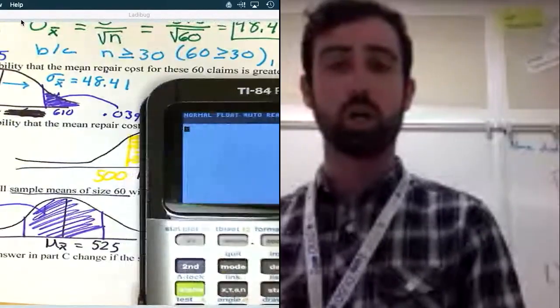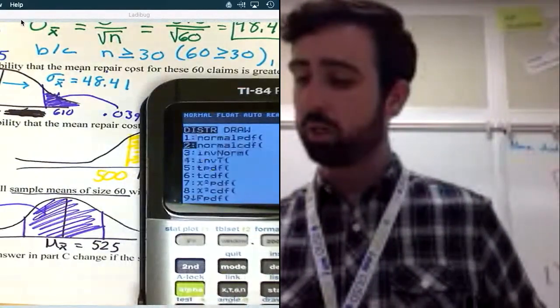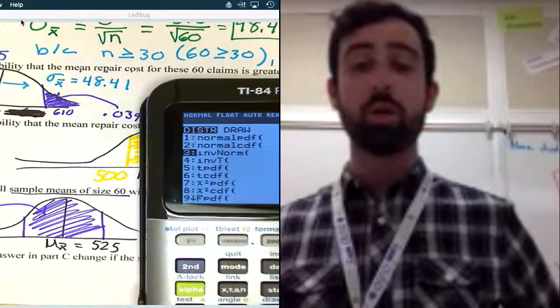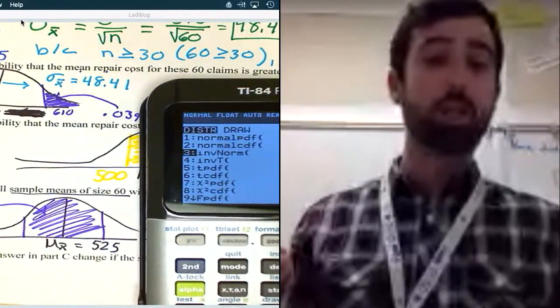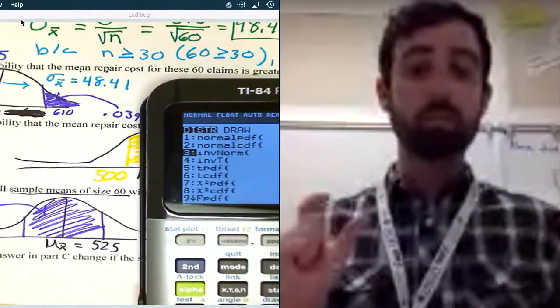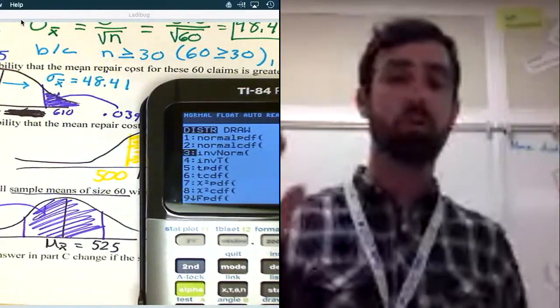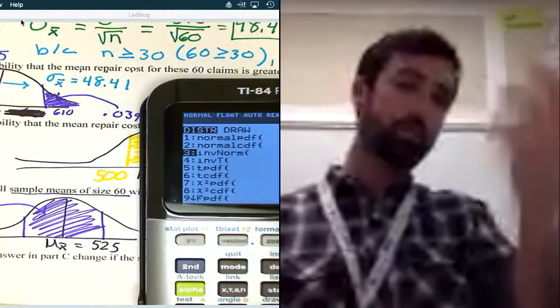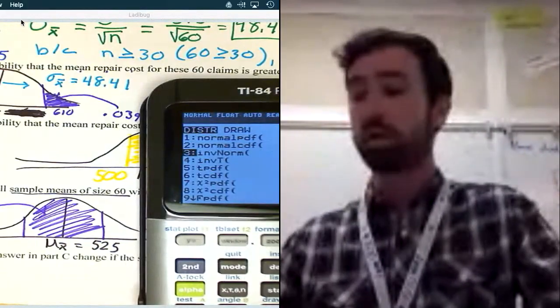we're going to use our TI-84. Second distribution, inverse norm. So remember, anytime you're given a probability and you want to find the actual number, inverse norm is your way to go. It's going to save you a lot of time instead of going through z-score, looking up the chart. Definitely recommend getting your students and getting you guys comfortable on the TI.